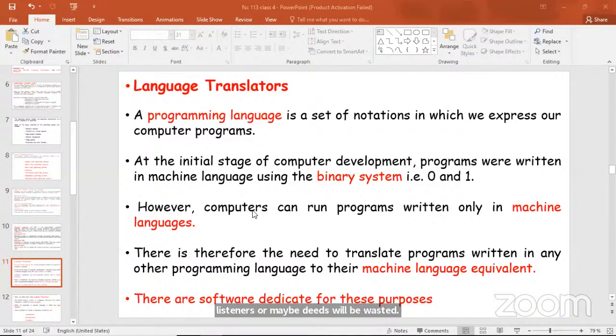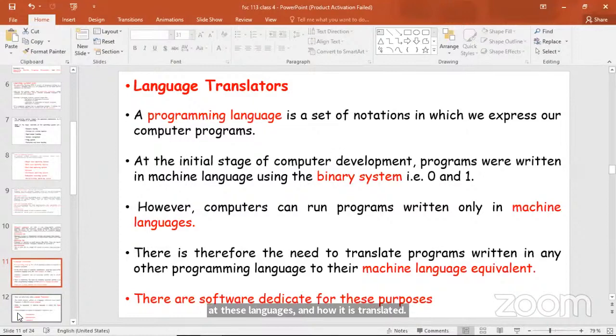So there are software dedicated for the purpose of translating any other language that the computer does not understand to what the computer understands. We'll be looking at those dedicated software, and also at these languages and how they are translated.